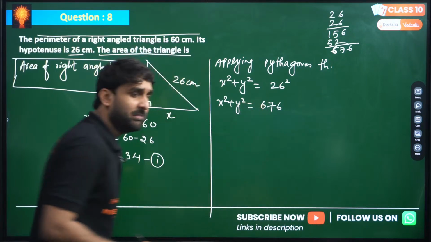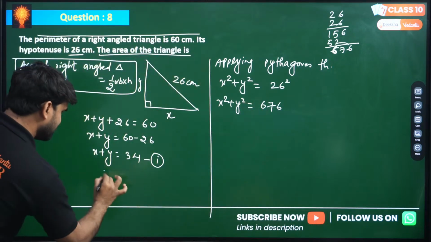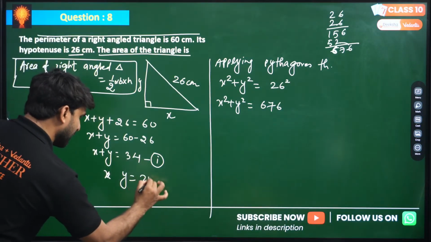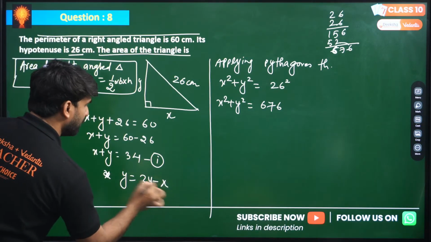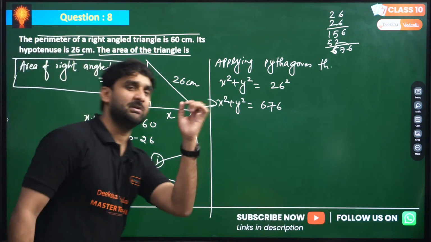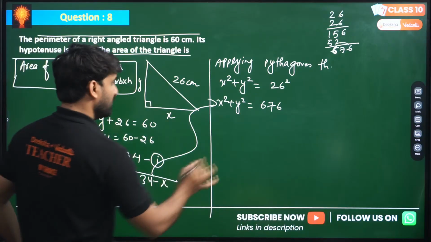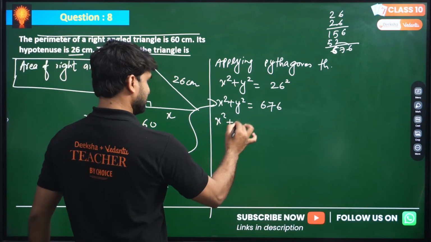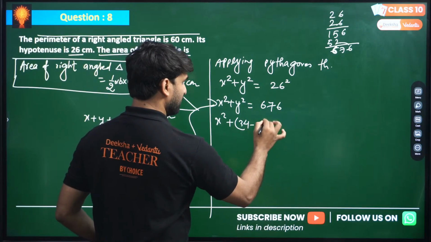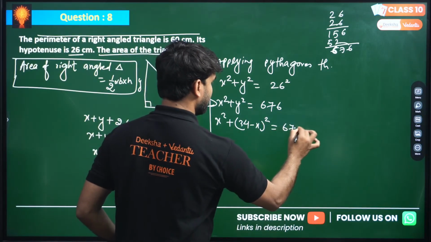Now my dear champ, can we find y equals 34 minus x, and put this y equals 34 minus x here to make the variable the same. So x square plus y square becomes x square plus (34 minus x) whole square equals 676.